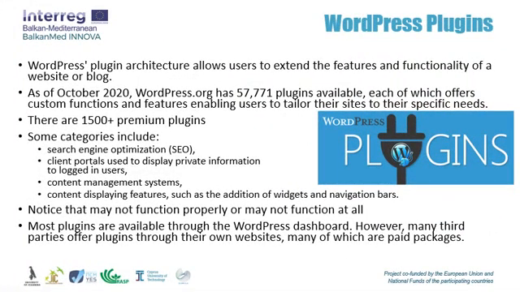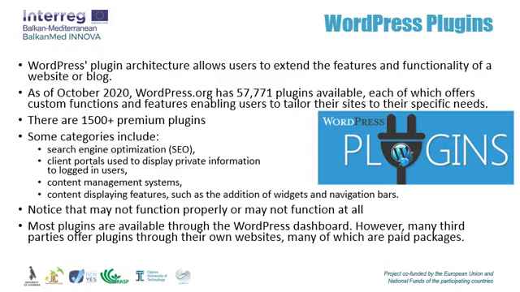WordPress plugin architecture allows users to extend the features and functionality of a website or blog. As of October 2020, WordPress.org has 57,771 plugins available, each of which offers custom functions and features enabling users to tailor their sites to their specific needs.